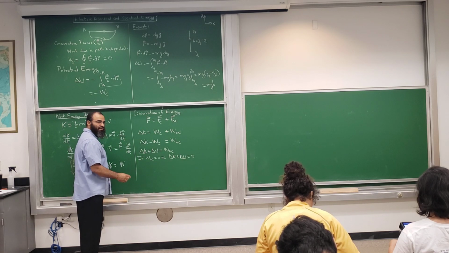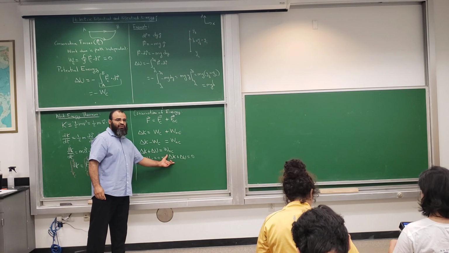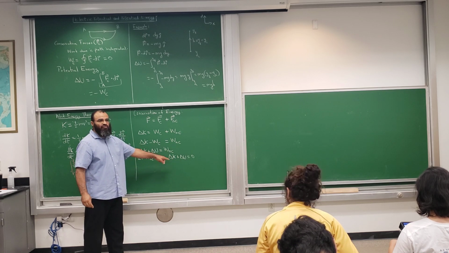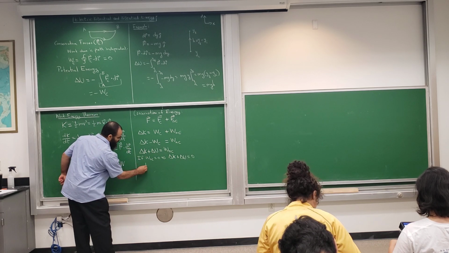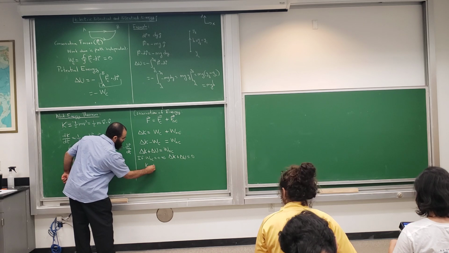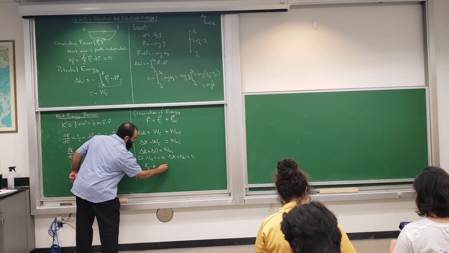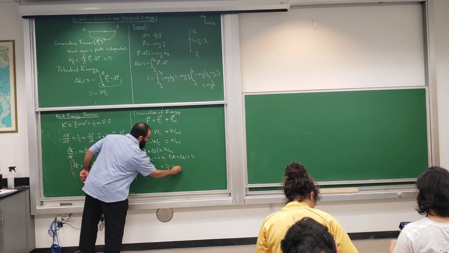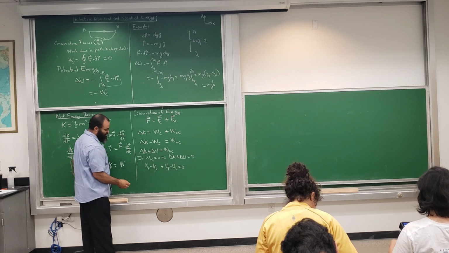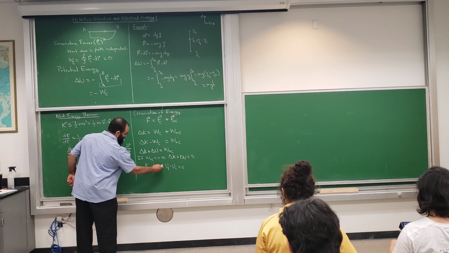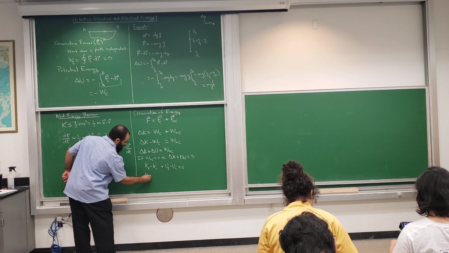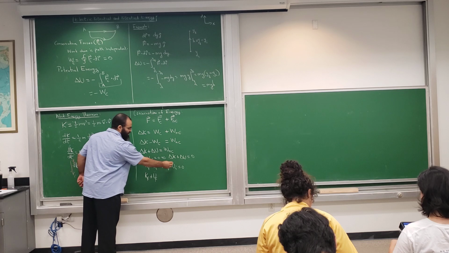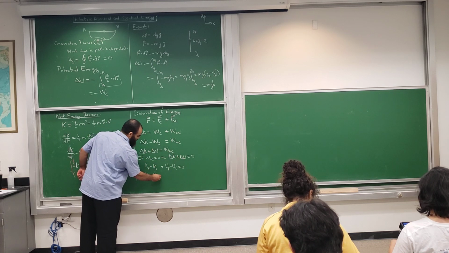So this is conservation of energy. Let's put it in the familiar way. Delta K is K final minus K initial, and delta U is U final minus U initial, equal to zero. Let's collect the terms together: K final plus U final, and move the K initial and U initial to the other side so they become positive.